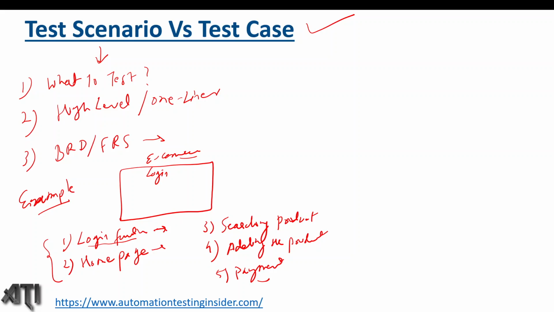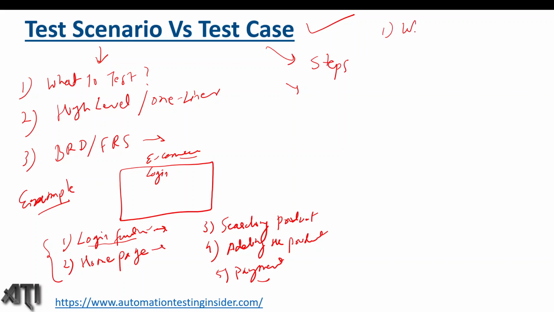Now if we talk about a test case, what are the different information we have? We have a step by step procedure, right? Let's say for the login functionality, there could be multiple test cases. Here we write different steps in a test case, and it focuses on two things.